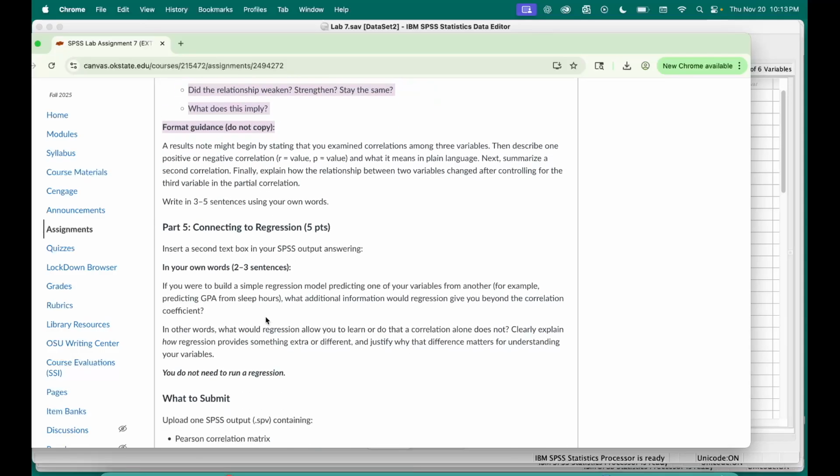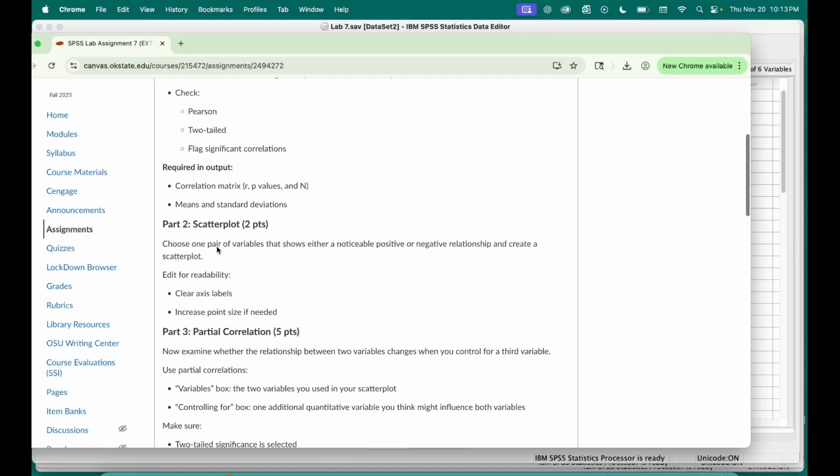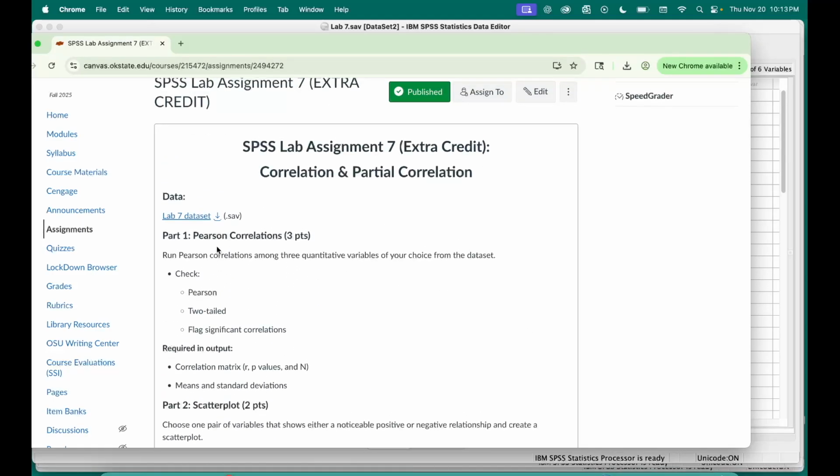And finally, part 5 is where we start making a conceptual connection to regression. So something to note about correlation: we haven't done it before.